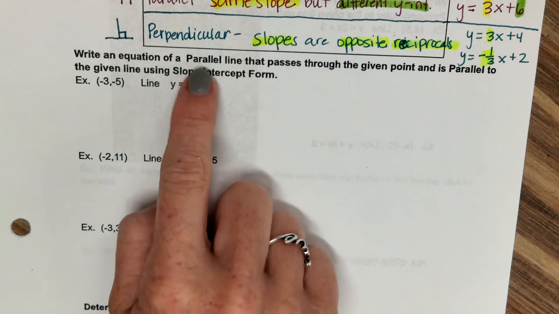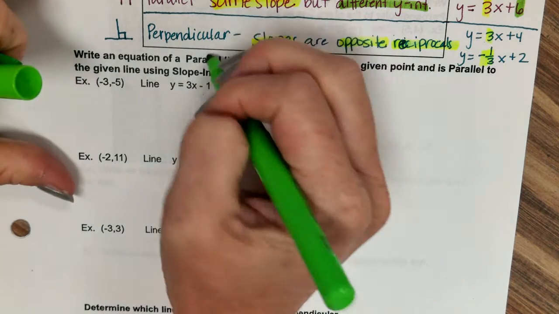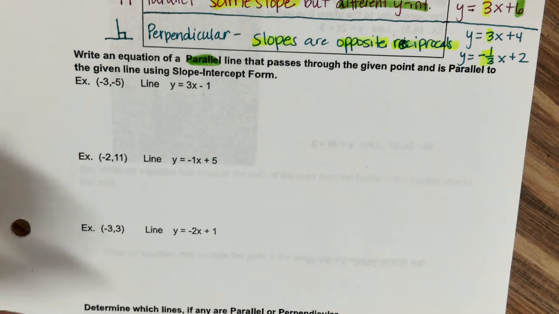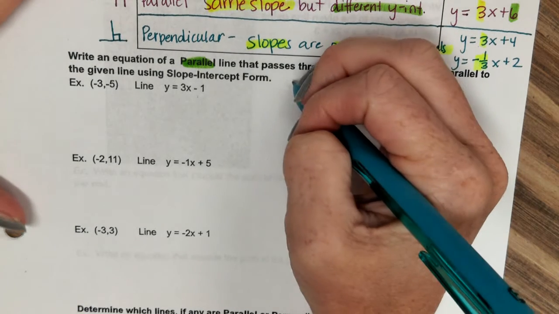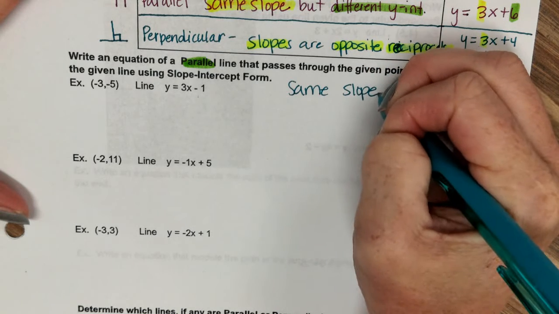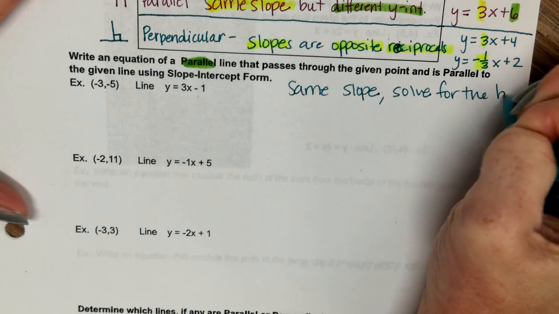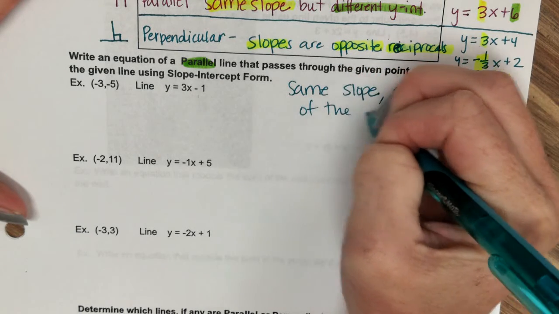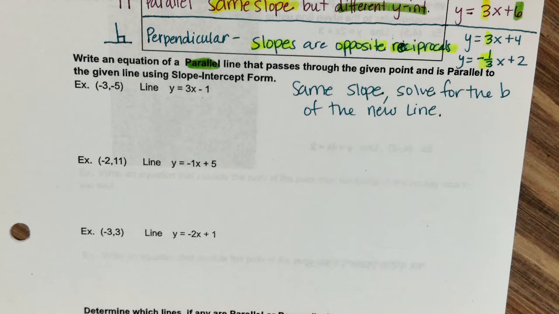Because to be parallel, what do we know? They have to have the same slope. So to be parallel, they're going to have the same slope, but I'm going to have to solve for the B of the new line. Because I already have the M, I'll just have to solve for the B. So y'all already know how to do all of this.